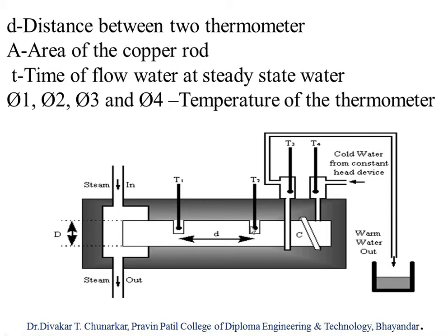The distance between two thermometers, T1 and T2, is denoted by D. Again, thermometers 3 and 4 we use here, in the same way, on the steam pipeline. When we start this experiment, there is a steam chamber and a small beaker where we collect water from the rod.